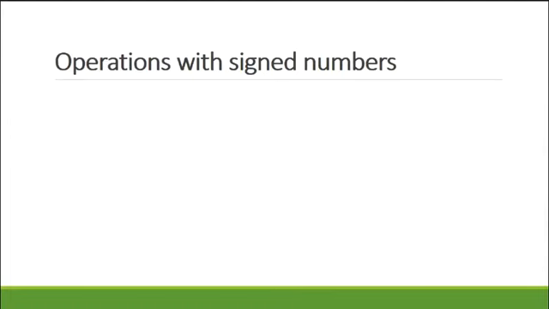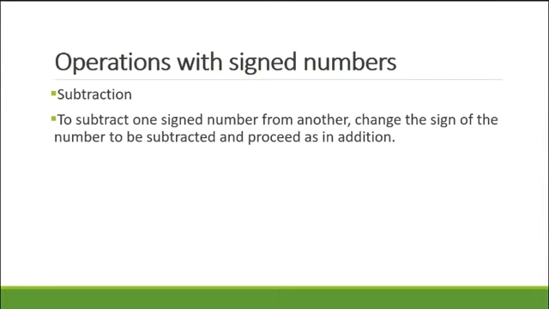For subtraction, to subtract one signed number from another, you have to change the sign of the number to be subtracted and proceed as in addition. Example, if positive 7 is subtracted by positive 3, apply the minus sign.